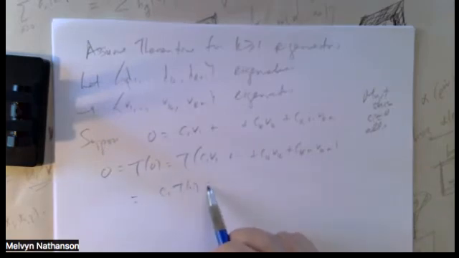Apply T to both sides of this. That's 0, T of 0 is 0, but because the operator is linear, this is c1 T of v1, ..., ck T of vk, c(k+1) T of v(k+1). And because vi is an eigenvector with eigenvalue lambda i, this is c1 lambda 1 v1, ..., ck lambda k vk, c(k+1) lambda (k+1) v(k+1).